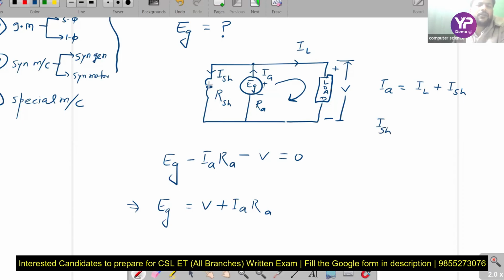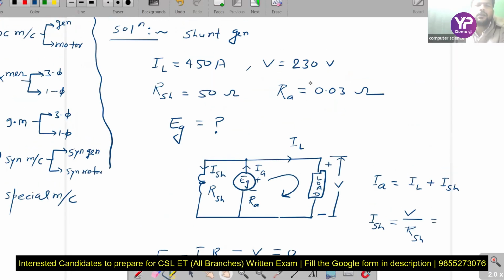ISH is the current flowing through the field winding. This winding is connected across the load and the voltage across the load is V. So ISH equals V by RSH.